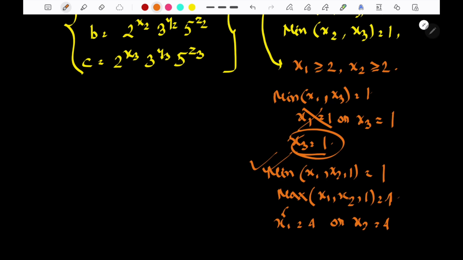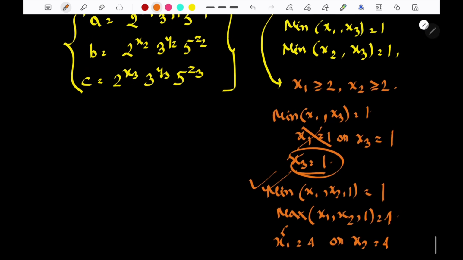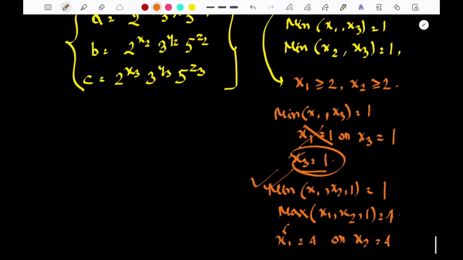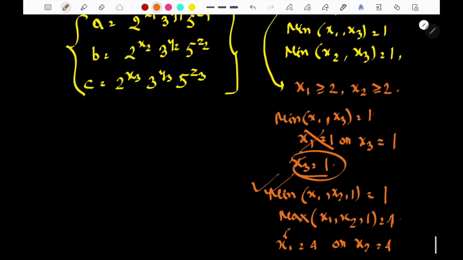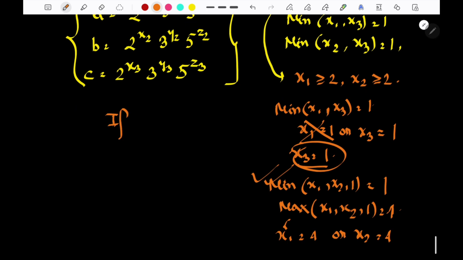Done. So but how do we conclude? Now see here, x1 and x2. So where is written x1 and x2? So if x1, suppose if x1 is equal to 4, then what do we conclude? Minimum of 4 comma x2 is equal to 2, which is x2 is equal to 2.